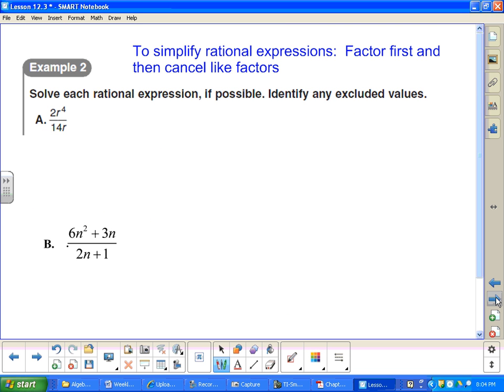Now, for example 2, they want us to simplify rational expressions. To do that, we're going to factor first, if we can, and then cancel the like factors.